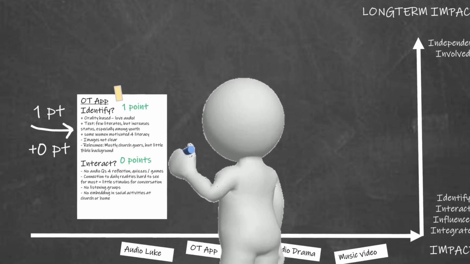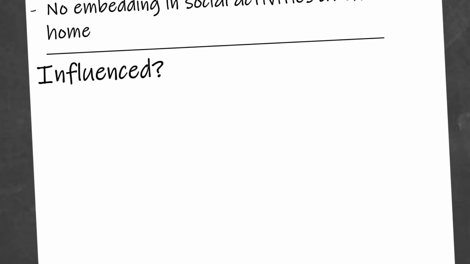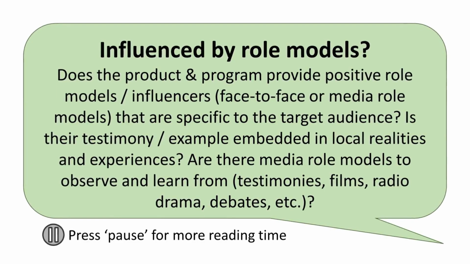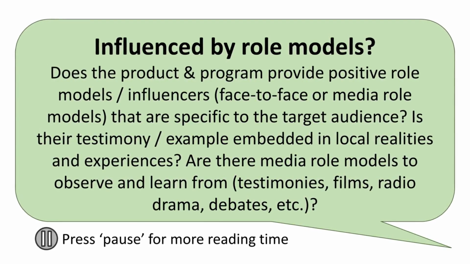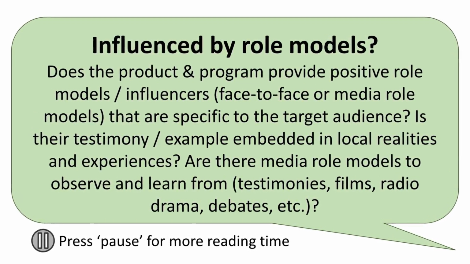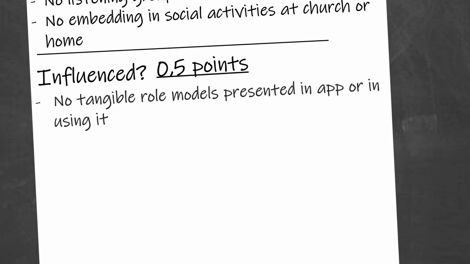Next, the team discusses to what degree the Old Testament app leads to end users being influenced by social role models. Looking at this question, the team decides to give the Mambila Old Testament app 0.5 points out of 2 for role modeling, because there are no activities built into the app or the use of it that allow role models to influence the end users, apart from the role models found in the biblical narratives themselves.